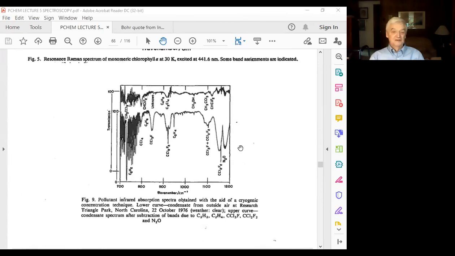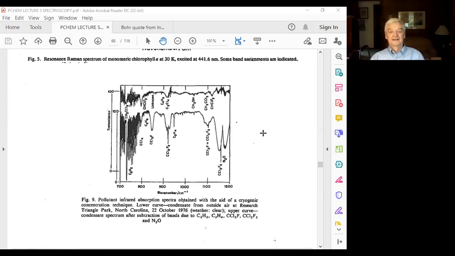Then here's another example of a practical application. This was done at Triangle Park, North Carolina, where they do a lot of work for the Environmental Protection Agency. So what the people did here was they took air and they froze it down to very low temperature.